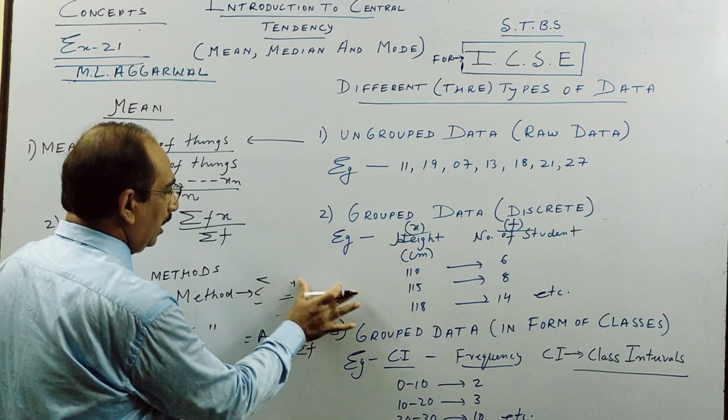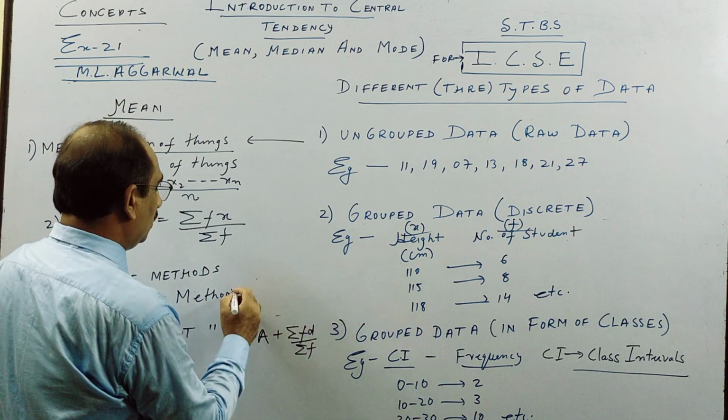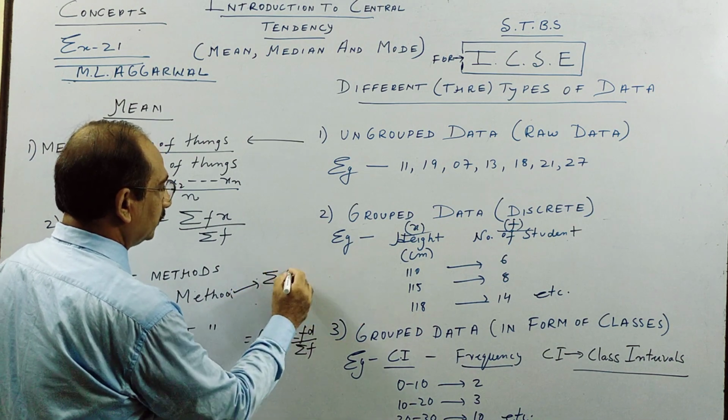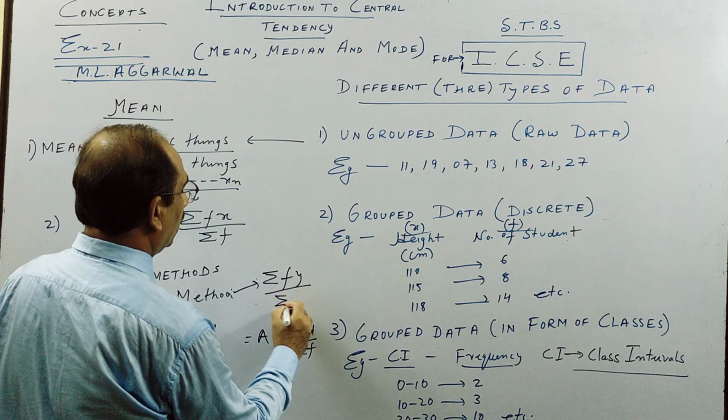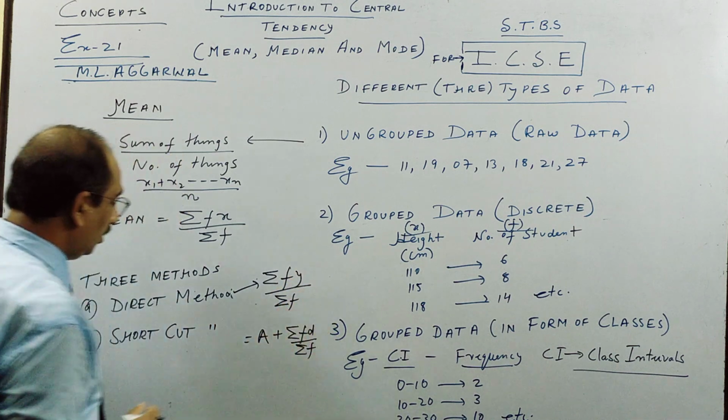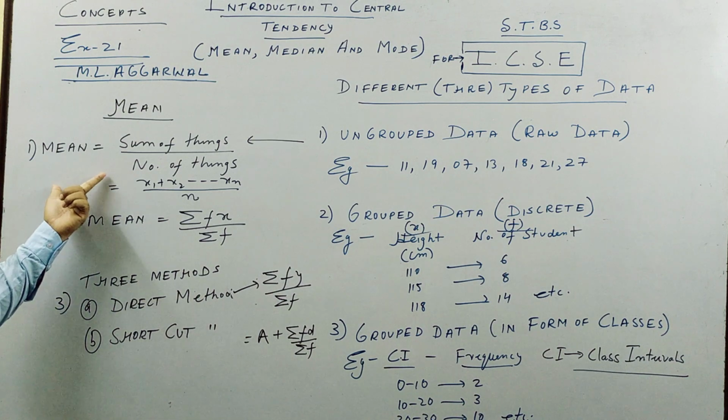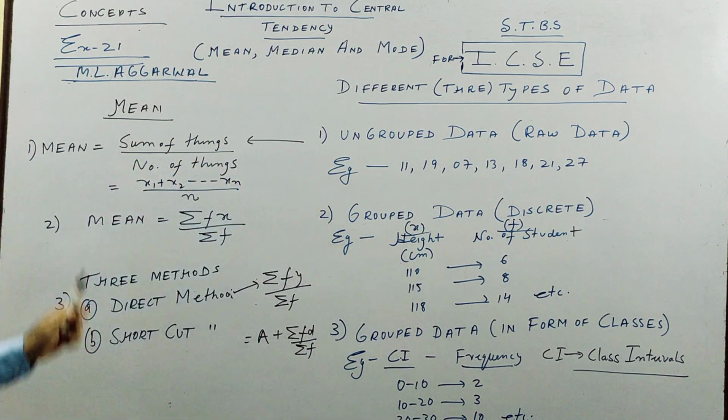I'll write it a little up so that you can see. fy by f. So again, for ungrouped data, it is sum of things by number of things.